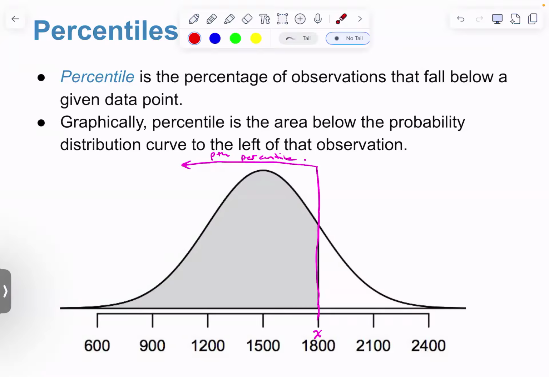You don't want to sound silly and say, oh, I scored in the 10th percentile. What does that mean? You only scored better than 10% of the test takers. That's probably not good, not brag worthy, right? So you want to be careful, right? It's always the percentage below. Okay.